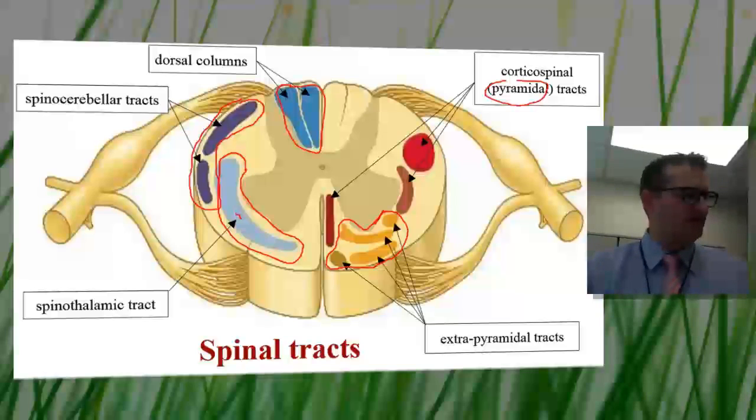The corticospinal tracts, the red ones, are responsible for fine movements of the hands, fingers, feet, and toes on the opposite side of the body. And the extrapyramidal tracts are groups of tracts associated with balance and muscle tone.